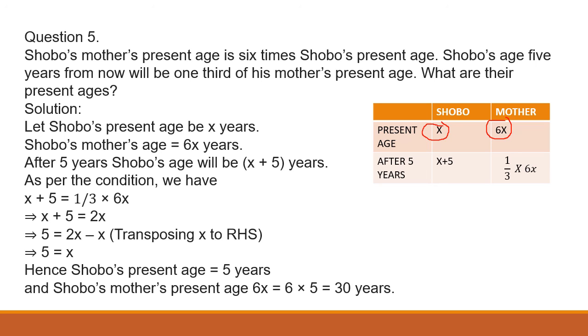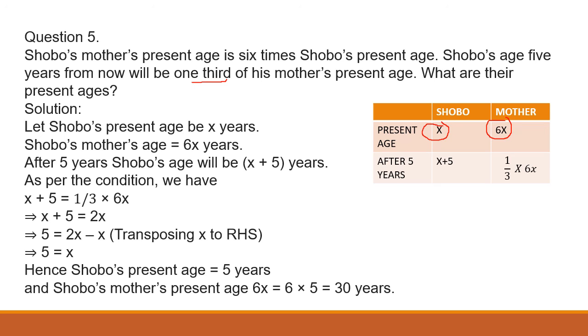Then it is equal to 1/3 of his mother's present age. The mother's present age is 6x. So 1/3 of the mother's present age means 1/3 into 6x.